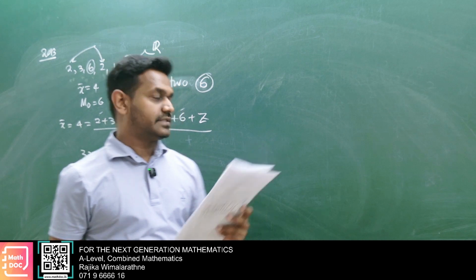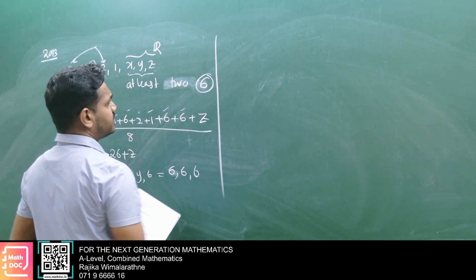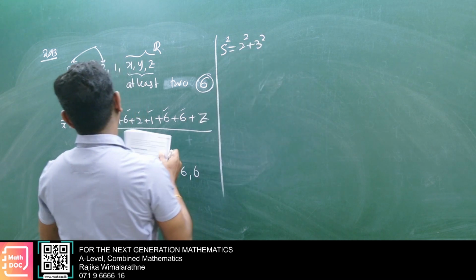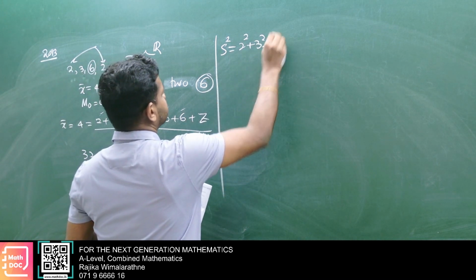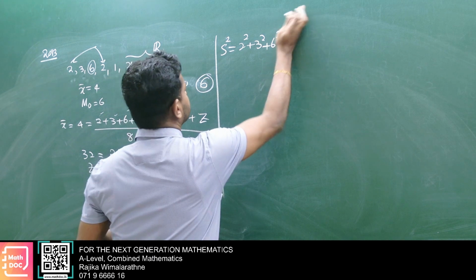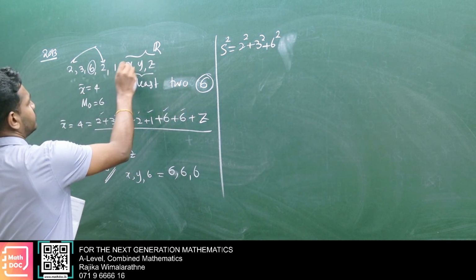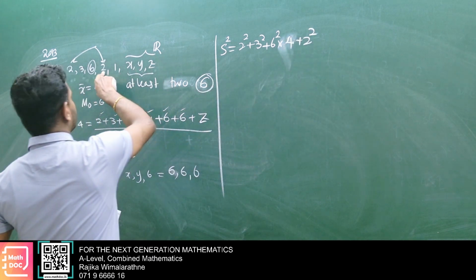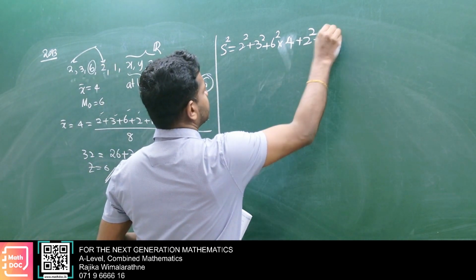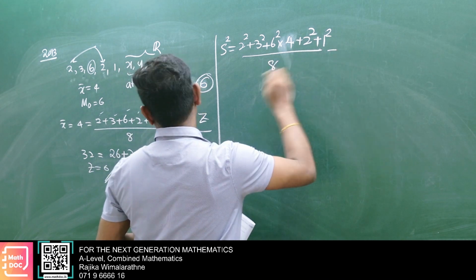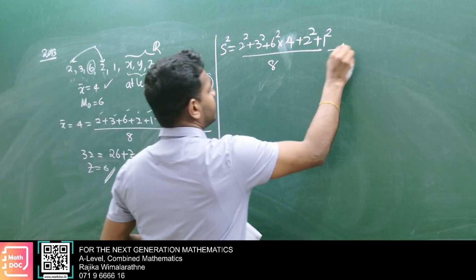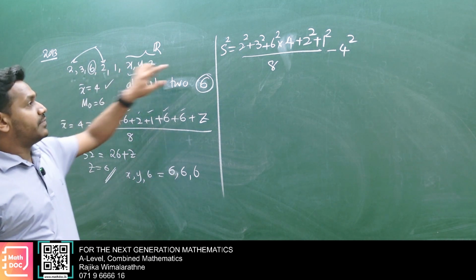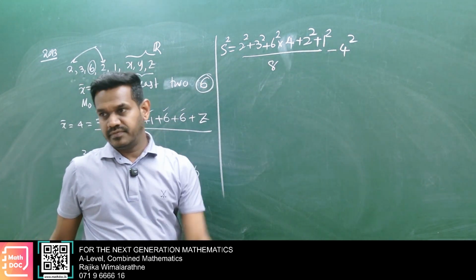Then the standard deviation. First find the variance. 2 square, 3 square, 6 squared, 6, 1, 2 square, 1 square, over 8, minus x bar 4, 4 square. This is the variance, the mean of squares minus the square of the mean.